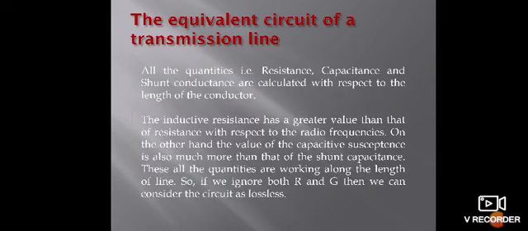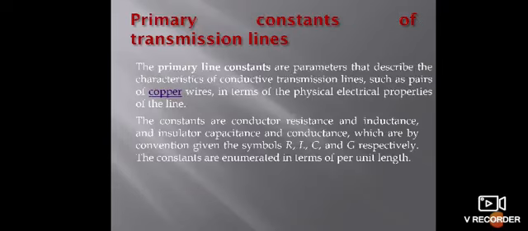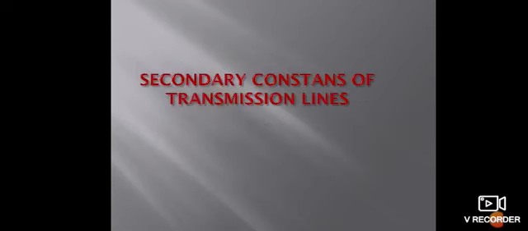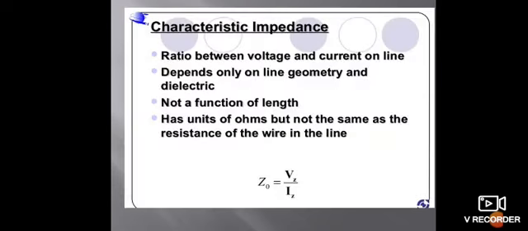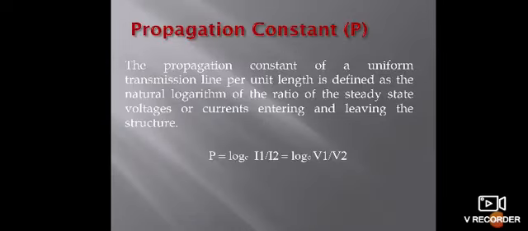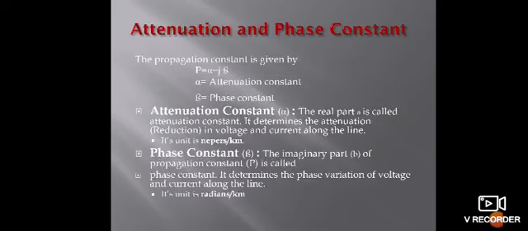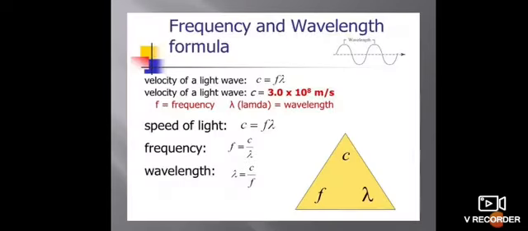So like this it is affected, and when we have the equivalent circuit, the primary constants are resistance, inductance, capacitance and conductance, and the secondary constants are characteristic impedance, that is Z0, propagation constant, the attenuation constant, and the phase constant.